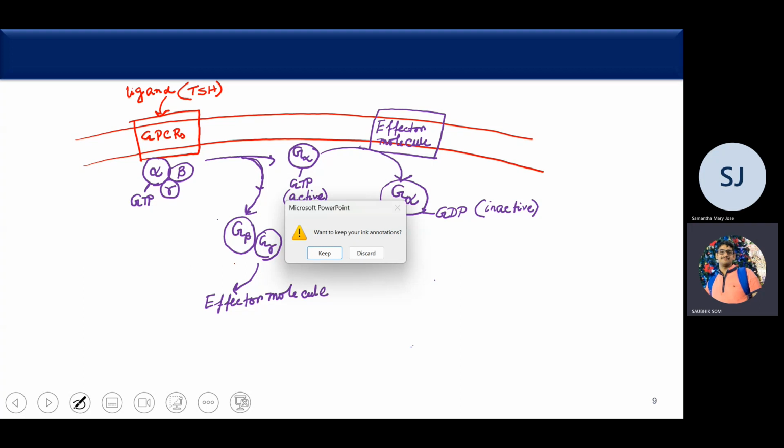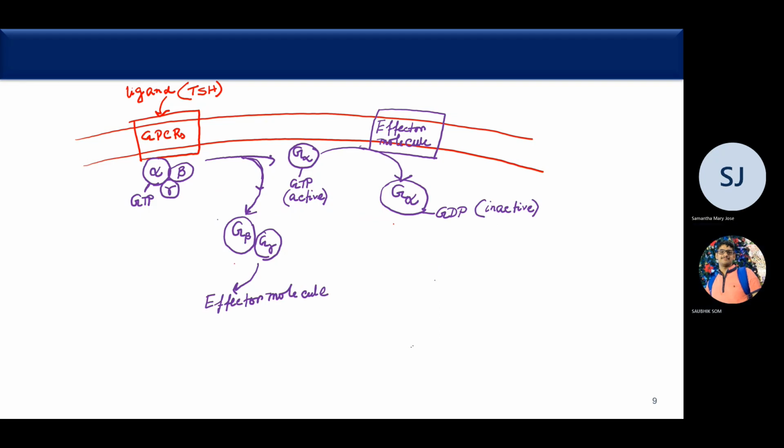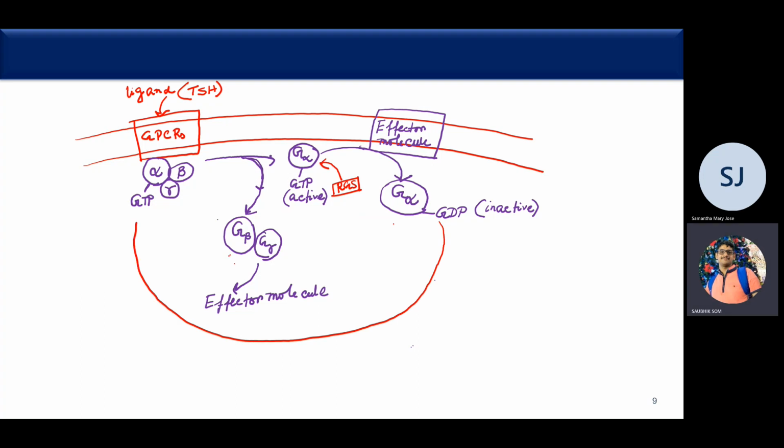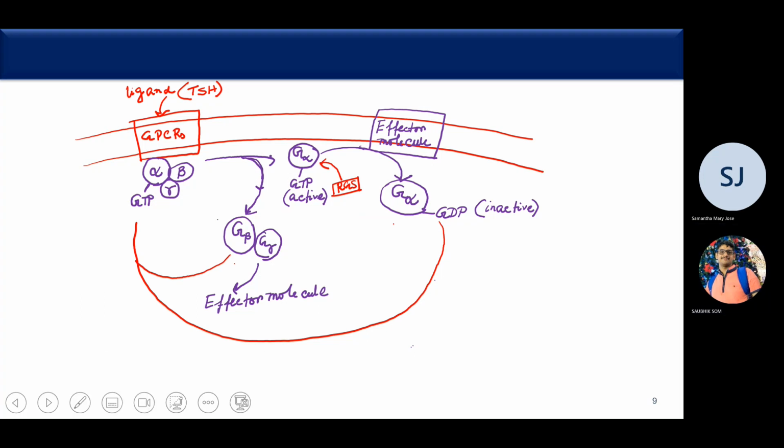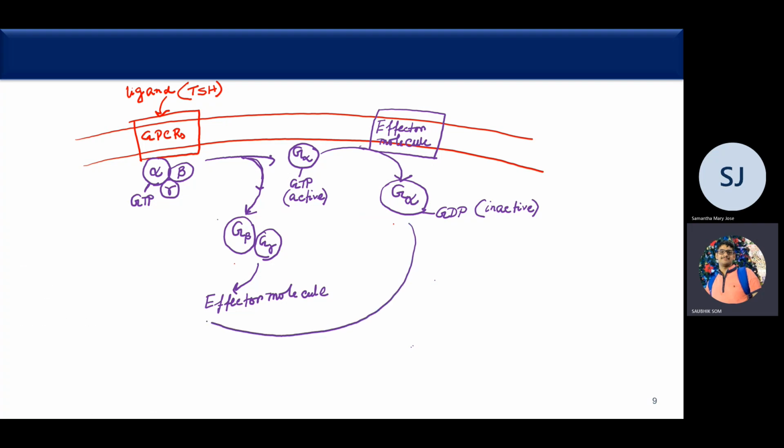Yeah, I think there was some problem. So there will be molecules known as RGS molecules, or regulators of G protein signaling. They will enhance the inactivation of this GTP. Then this inactivated G alpha subunit comes back.